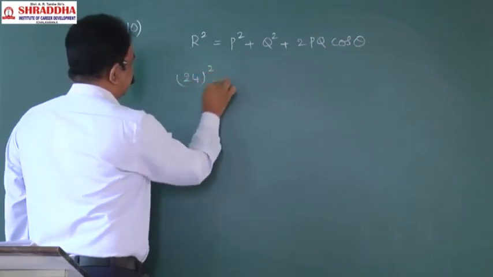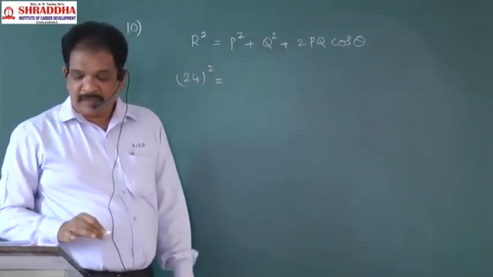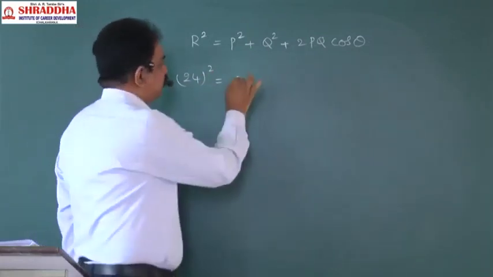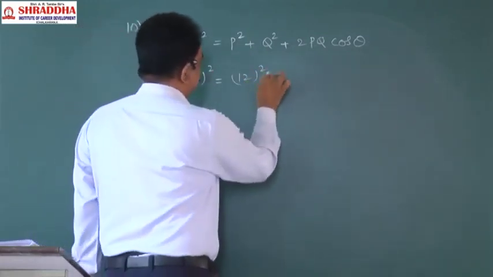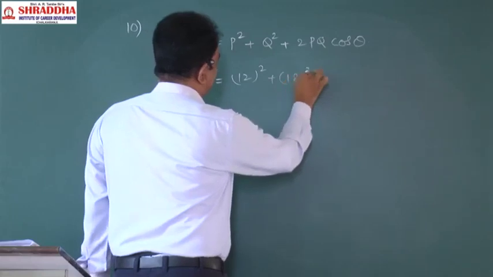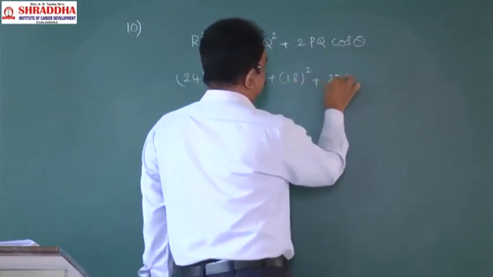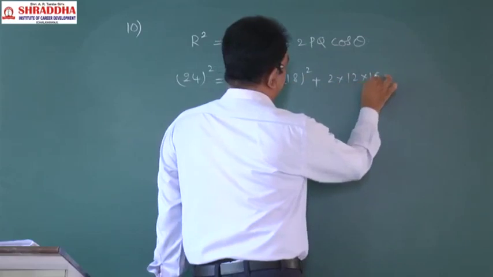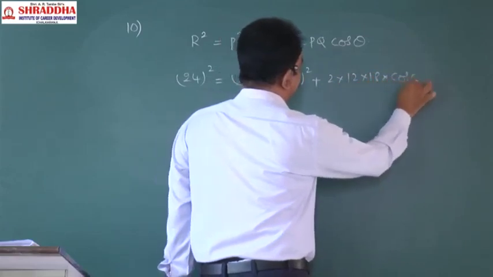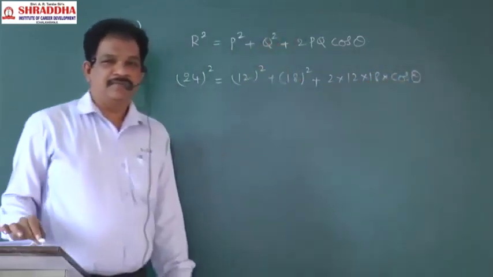R square is equal to how much? 24 square. P square value will be equal to 12 square. Q square value will be 18 square. 2 into 12 into 18 into cos theta.